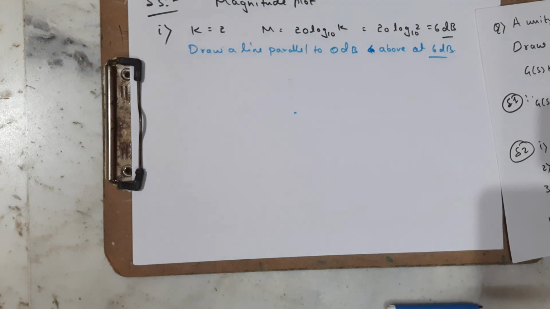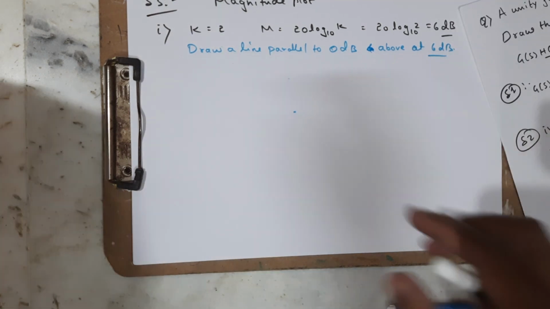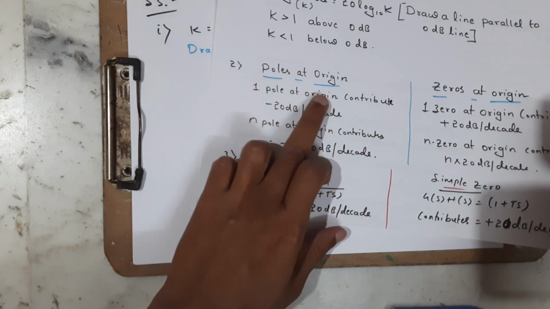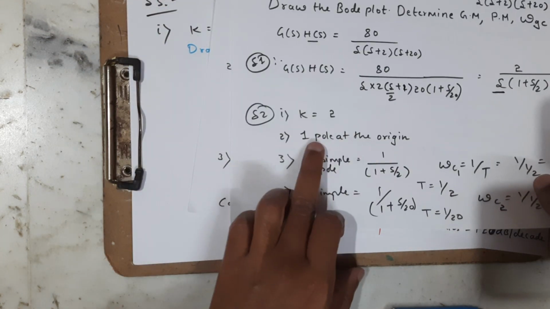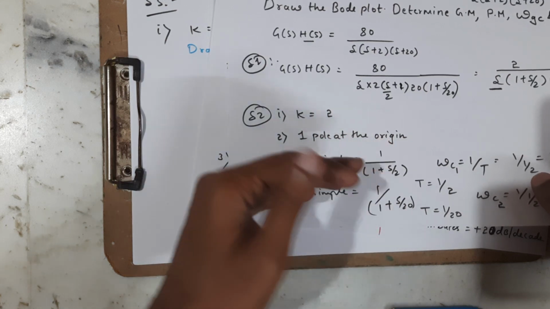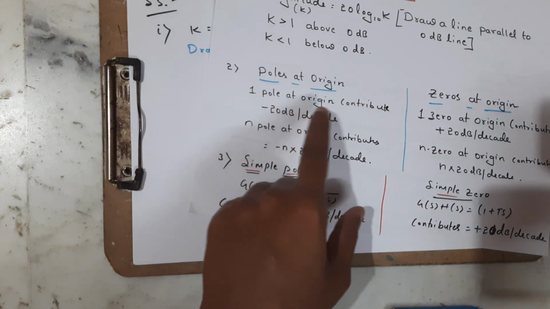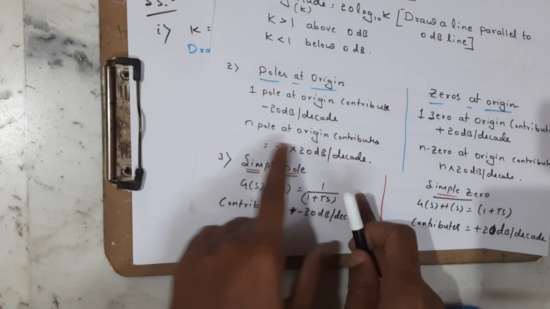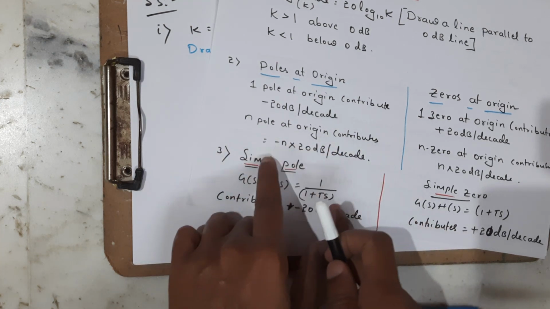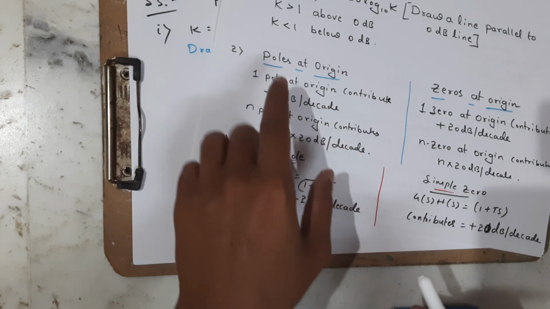Next, step number 2 in the magnitude plot is poles at the origin. We have one pole at the origin, right? What is the contribution of this one pole at the origin? One pole at the origin contributes minus 20 dB per decade. If we have n poles at the origin, then it will be minus n into 20 dB per decade. In this case, we have one pole at the origin.